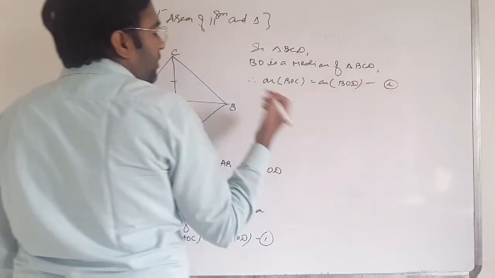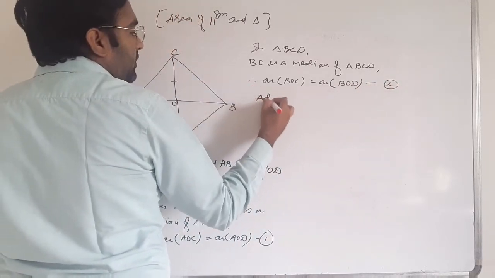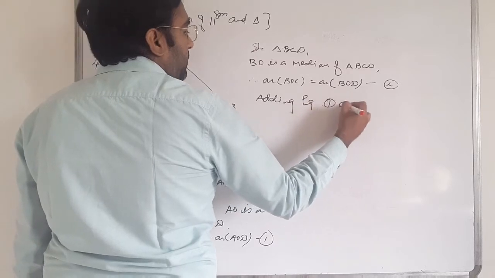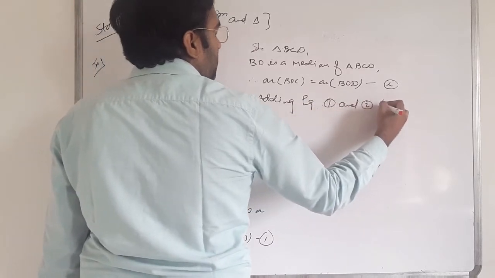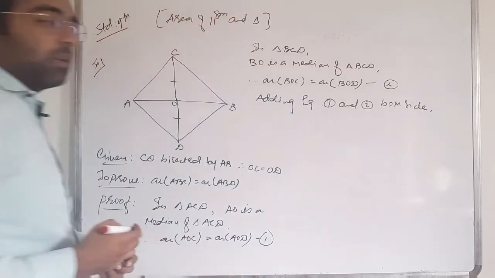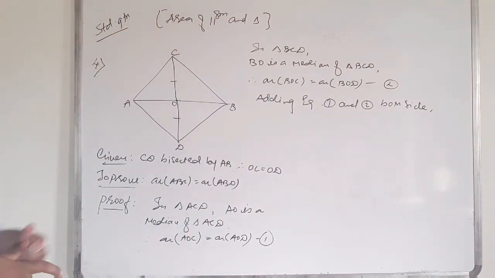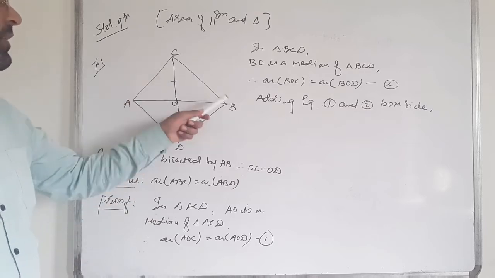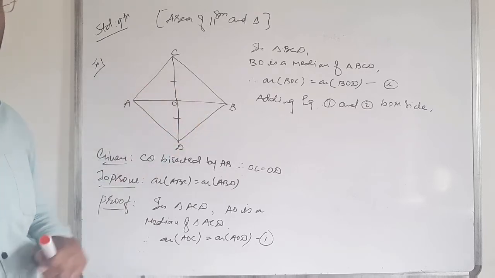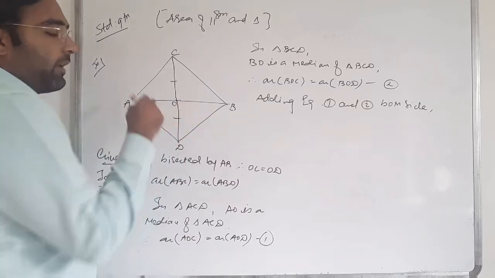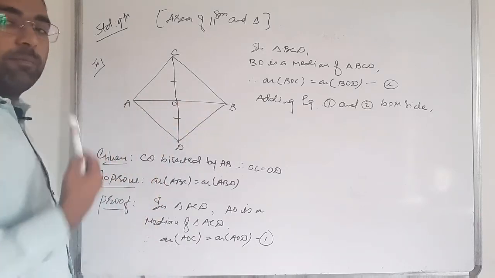Now add both equations, adding equations 1 and 2 on both sides. AOC plus BOC is the whole triangle ABC, and AOD plus BOD is the whole triangle ABD.